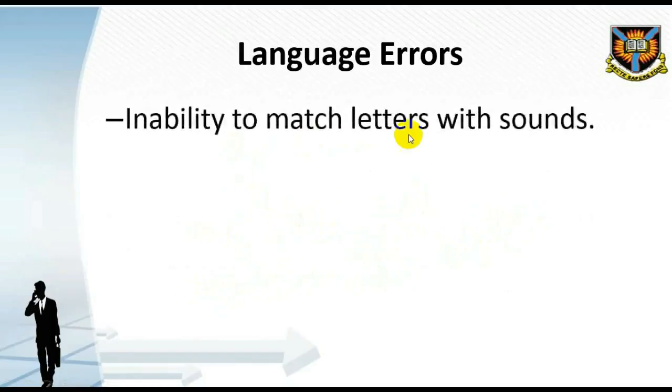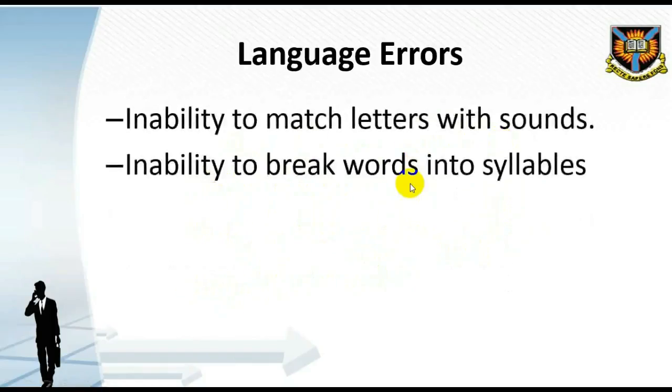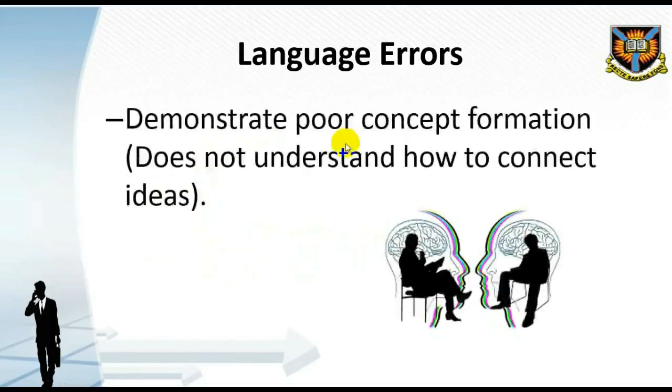Inability to match letters with sounds. 6. Inability to break words into syllables. 7. Poor word knowledge, that is, vocabulary acquisition. And 8. Demonstrate poor concept formation, that is, does not understand how to connect ideas.